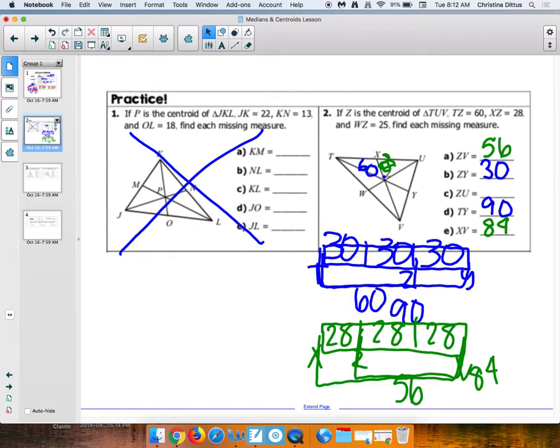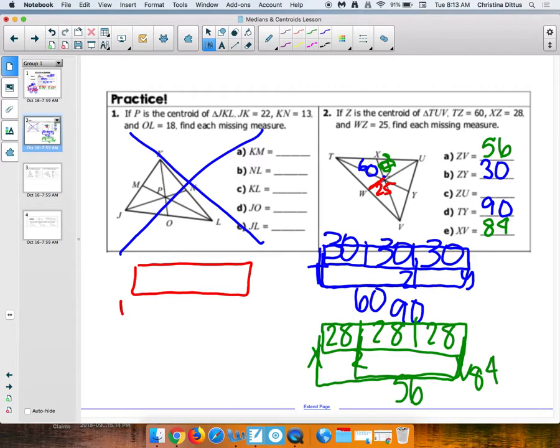Okay, last one tells me WZ right here is 25. So is that 1 box or 2 boxes? 1. So W to Z is 1. What's the last one that makes my line? U. So this is 25.